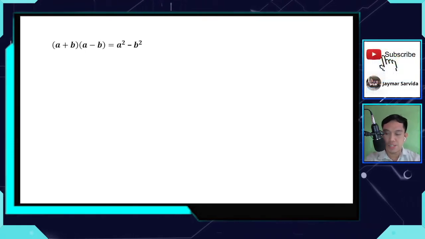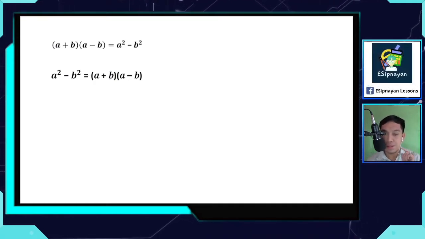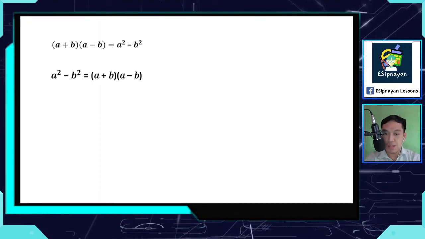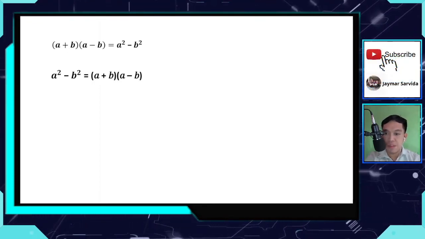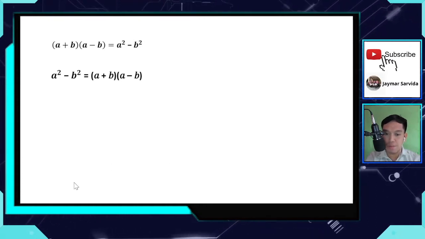Okay, i-reverse lang natin yung pattern natin dyan. So, a squared minus b squared is equal to the binomial a plus b times the binomial a minus b. So, ito class yung kanyang factors. Ito yung sum, ito yung difference ng ating two squares.